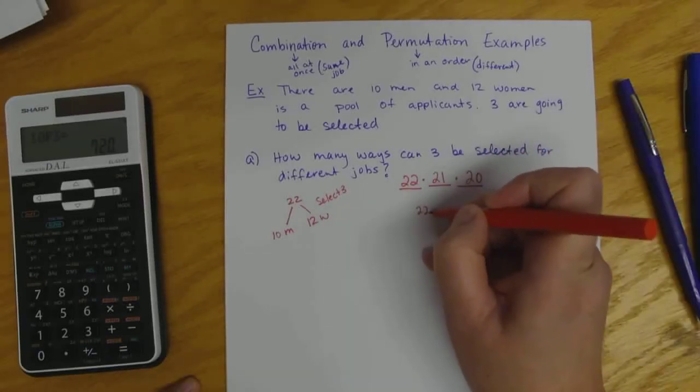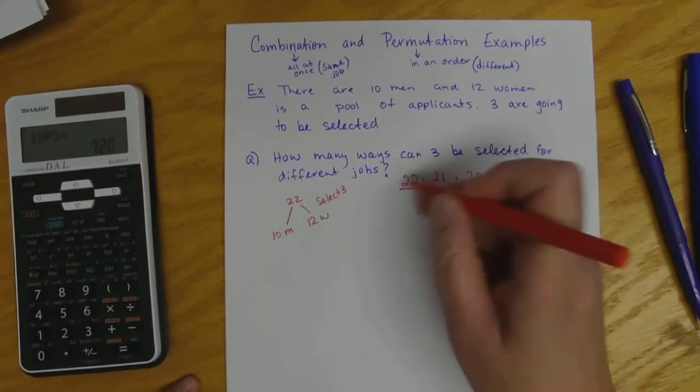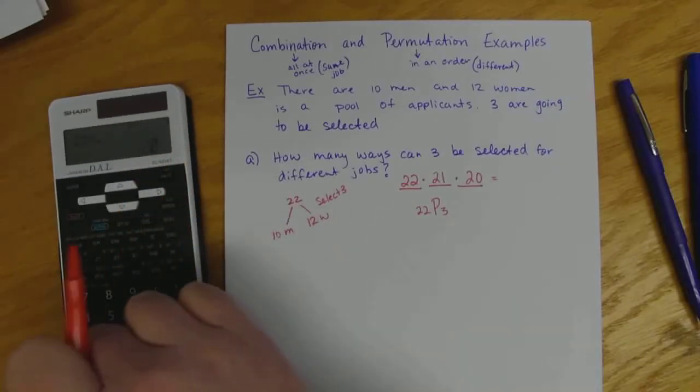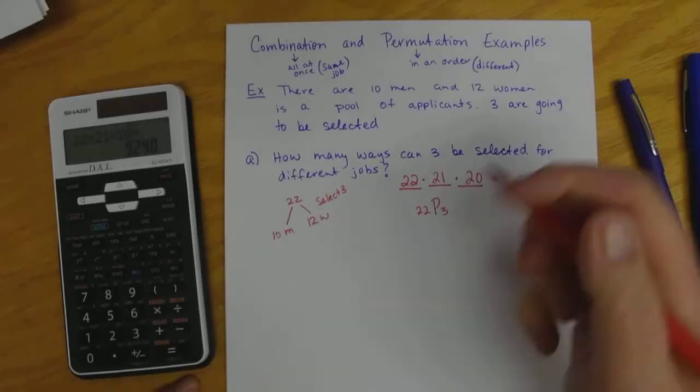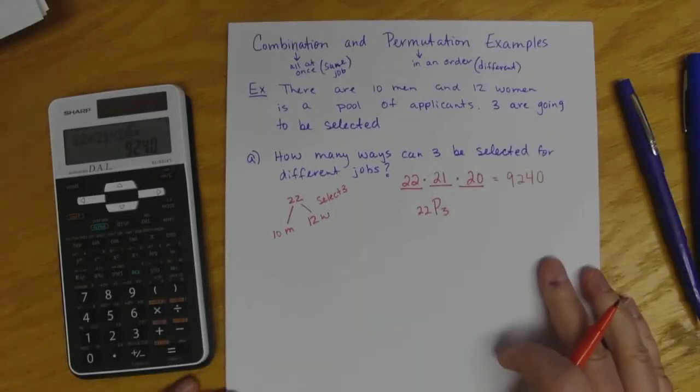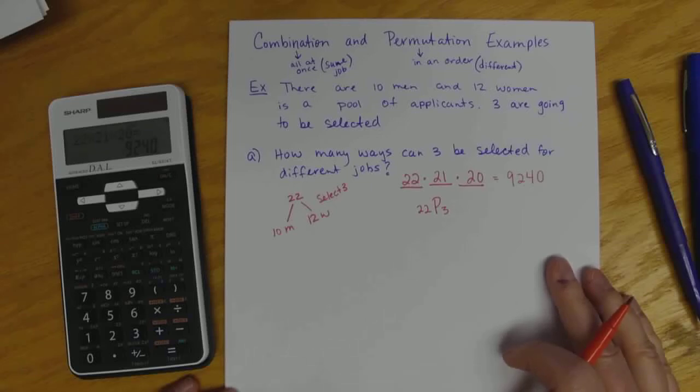You could say 22P3 if you wanted to. If I'm doing them in order, I'm usually just writing them out as a multiplication. You could try this, you'll get the same thing. That's a lot of ways.